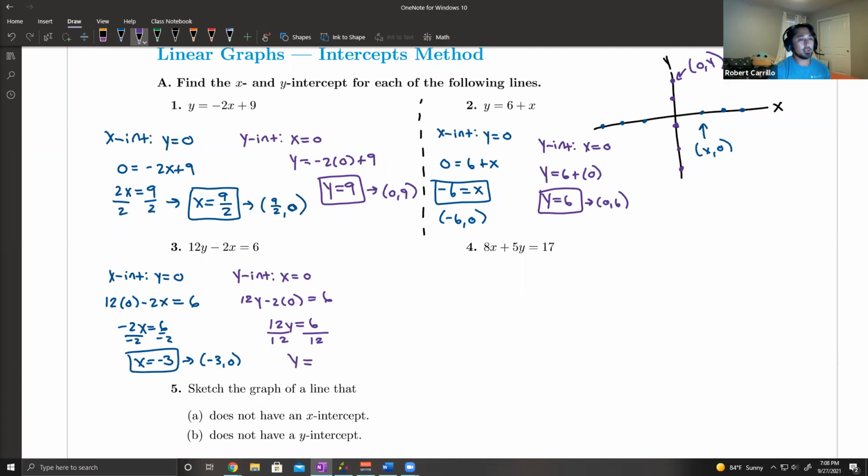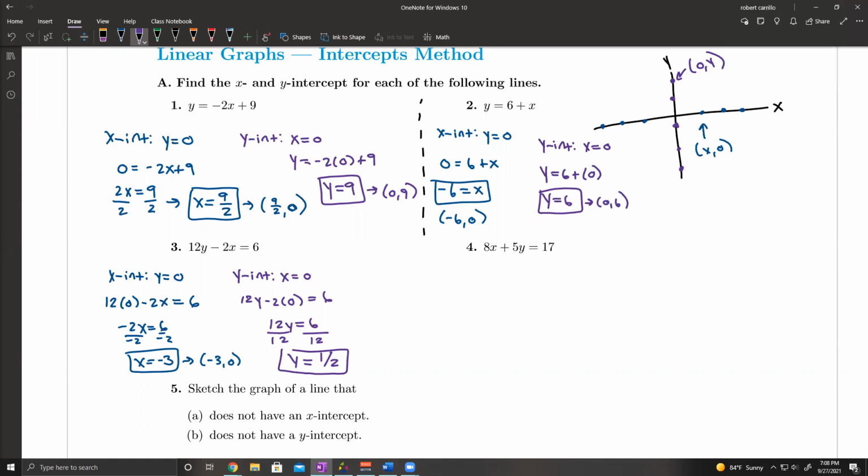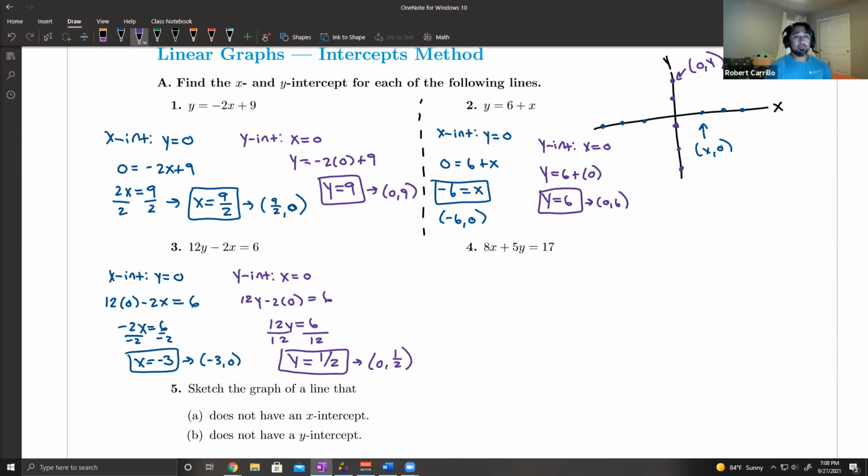And 6 over 12 reduces to what fraction? 1/2. Good. There it is. And our coordinate would be 0, 1/2. Okay, awesome. One more time.